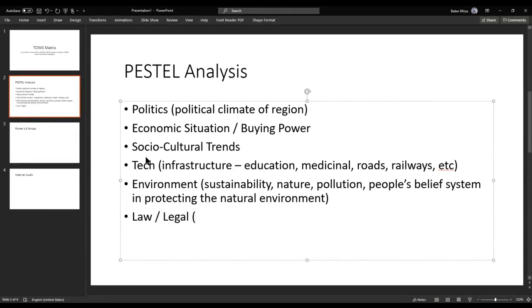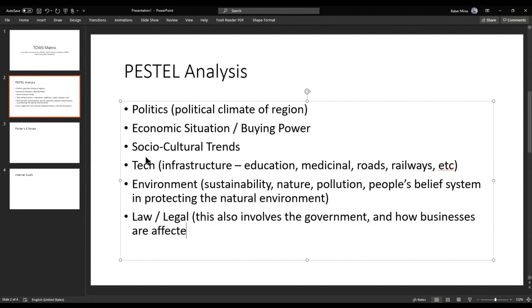issues. This also involves the government. Politics, not so much, but government makes a lot. Okay, and how businesses are affected by law.